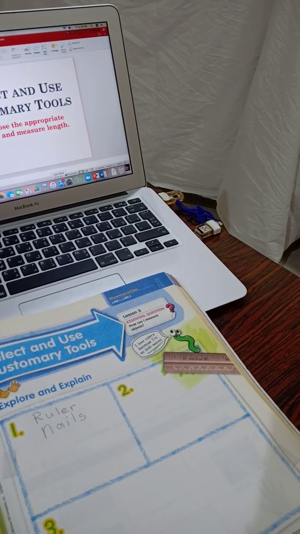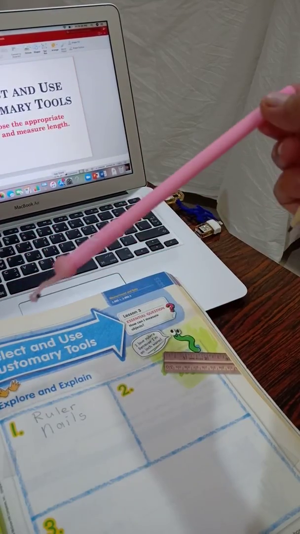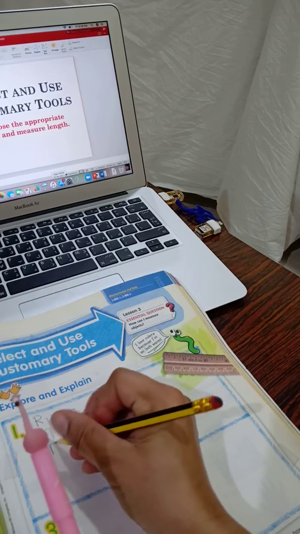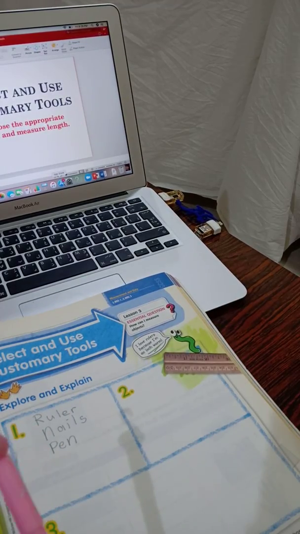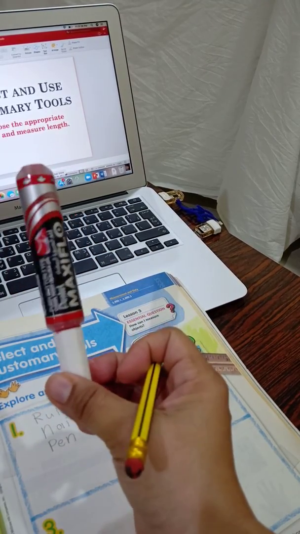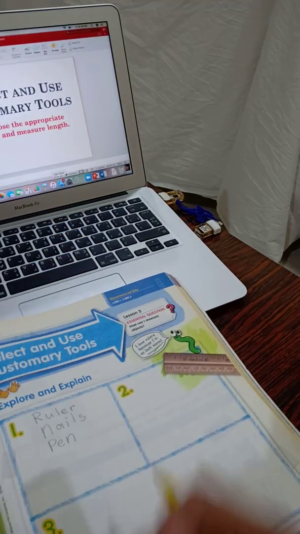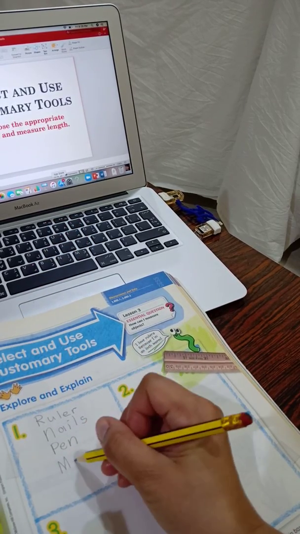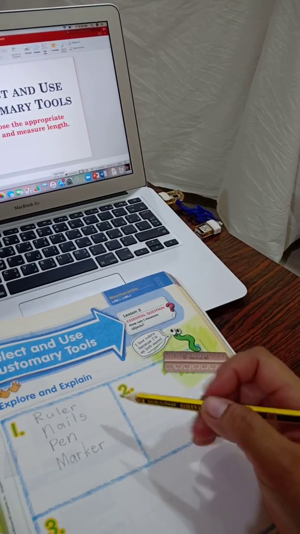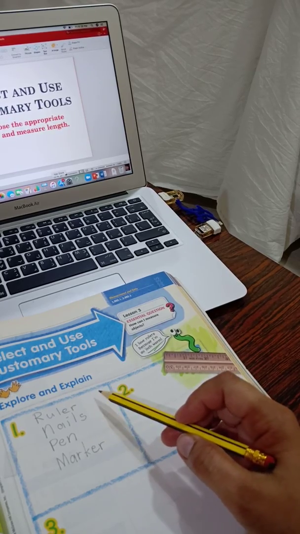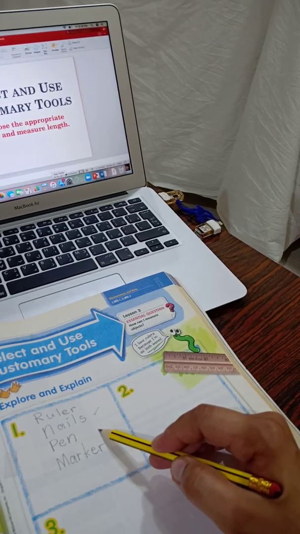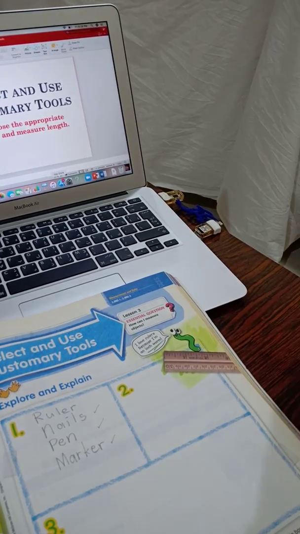Another one is a pen. We can measure the pen with our inch ruler. And also, we can measure our marker with an inch ruler. So these are some objects that can be measured with our inch ruler. We have the nails, the pen, and then the marker.